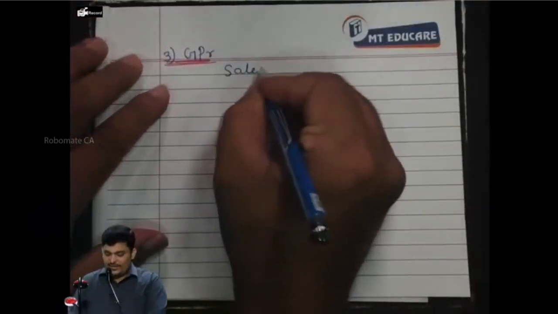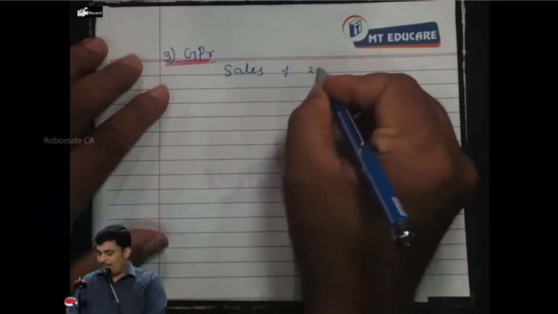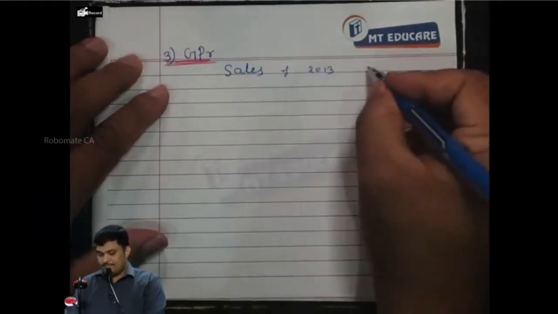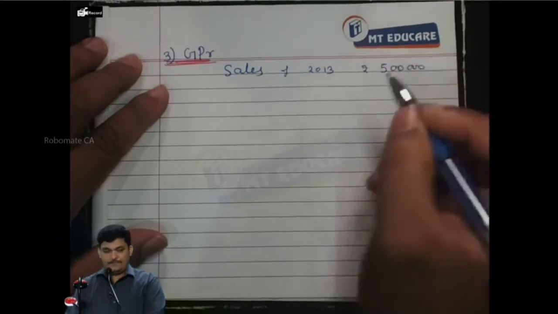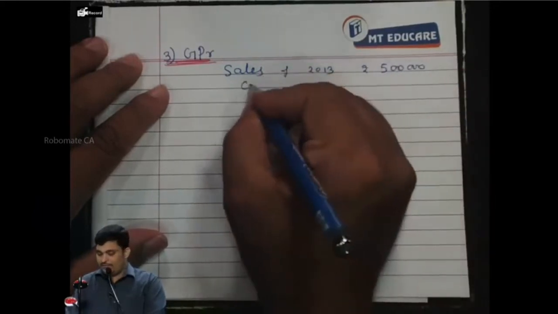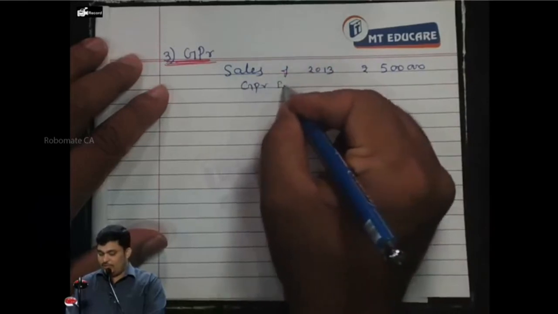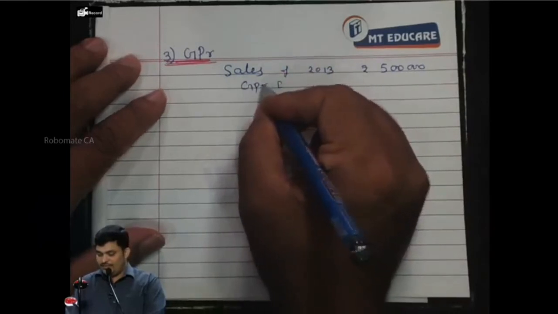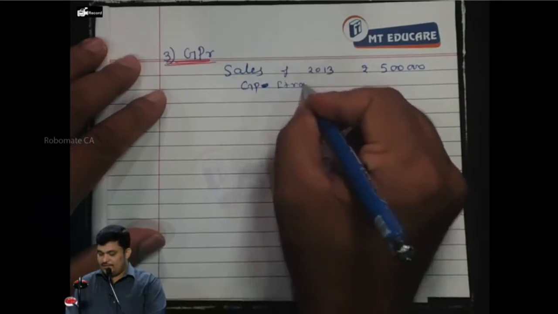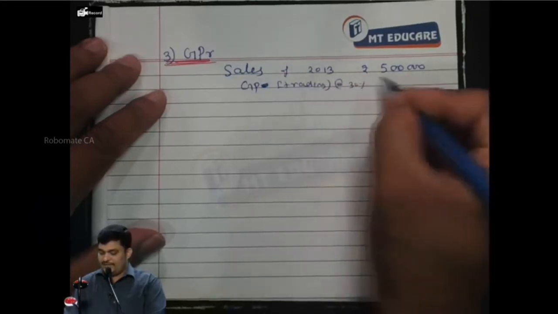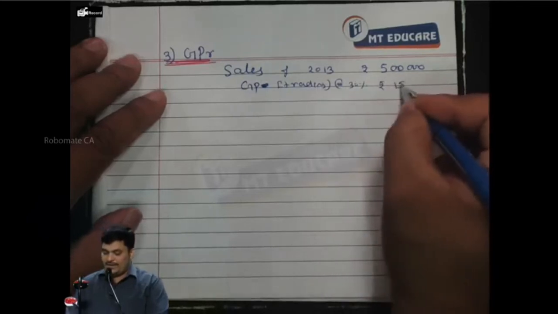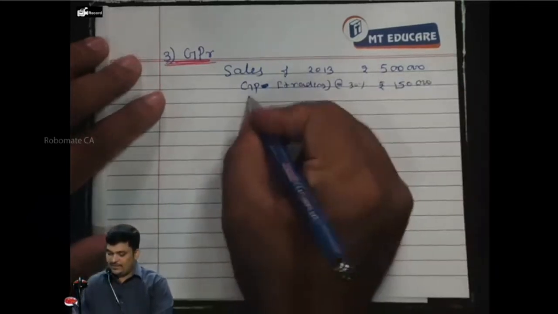It is sales of 2012-13. How much? 5 lakhs. Gross profit, trading gross profit at 30%, is 1,50,000.